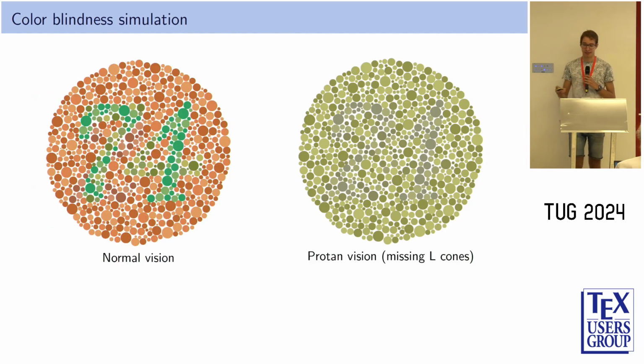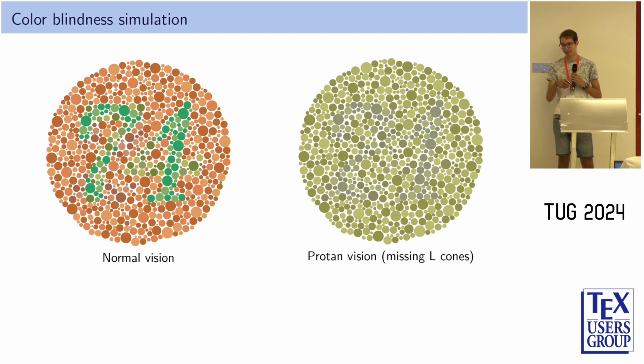And just as another example, this is a common test to test for color blindness. On the left, you can see the normal version, where you should be able to read a 74. And on the right, you can see the version if you are red-green colorblind, where it's very hard to make out, at least for me, and it's probably even harder with the projector, but you might be able to view a 21.